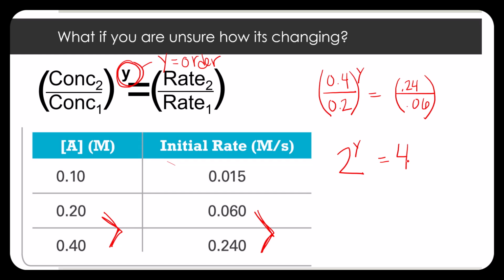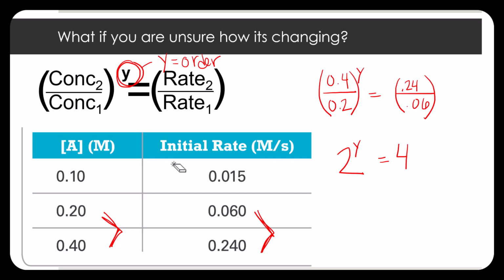Now, from here, if you can see what y should equal, you could just say, oh, 2 to the 2 power equals 4. So if you can see it from here, then you can just say, yep, y equals 2. This is a second order reaction. That would be fine. But again, if things are messy and I can't just see it from here, let me teach you how to algebraically solve for y.